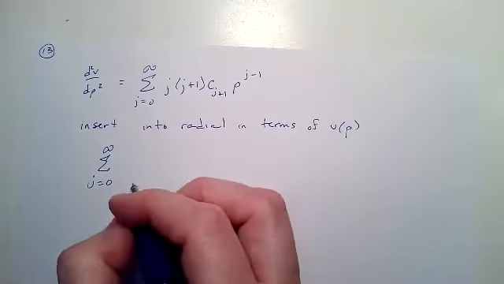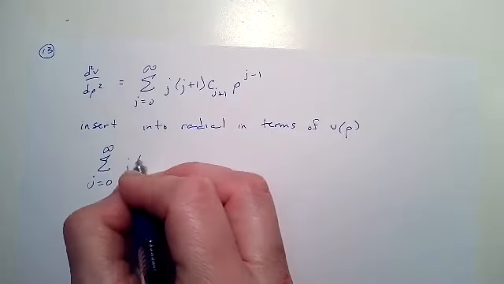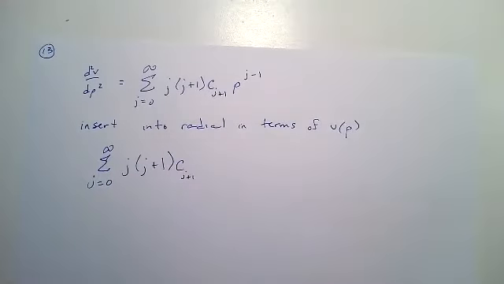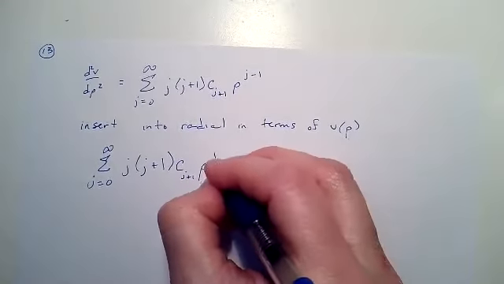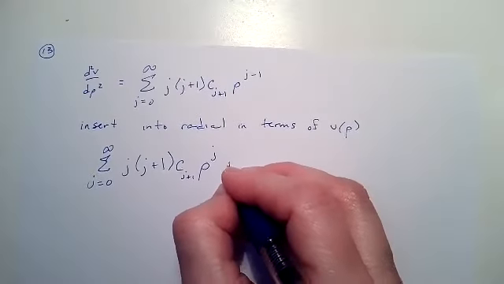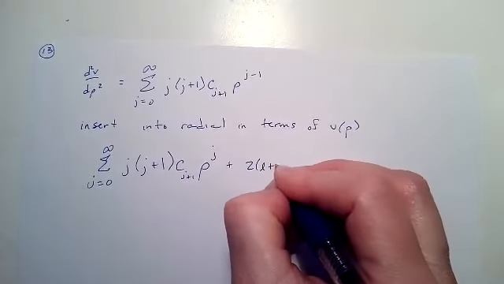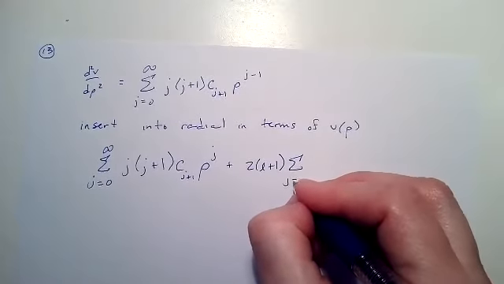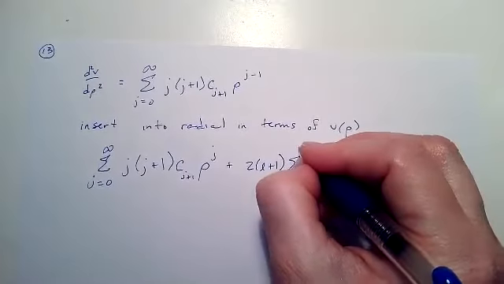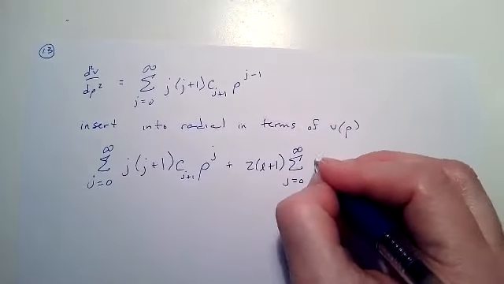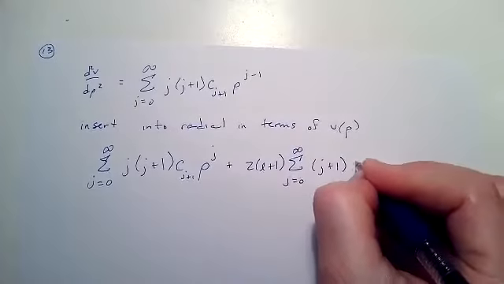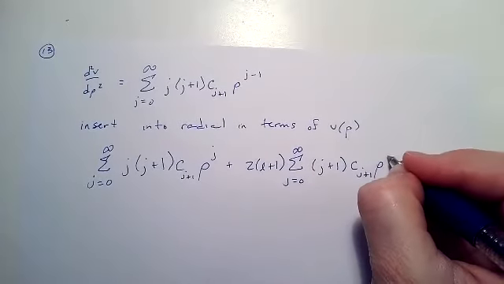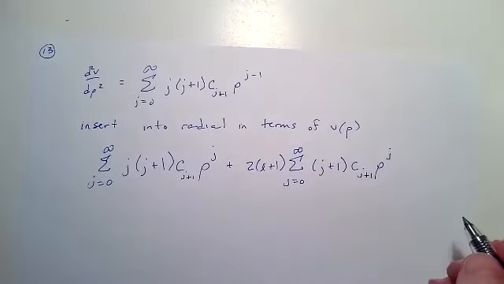So that's a j, j plus 1, c subscript j plus 1, rho to the j, plus 2 times L plus 1 times our first derivative. And that's a subscript j plus 1, and then that is rho to the j.